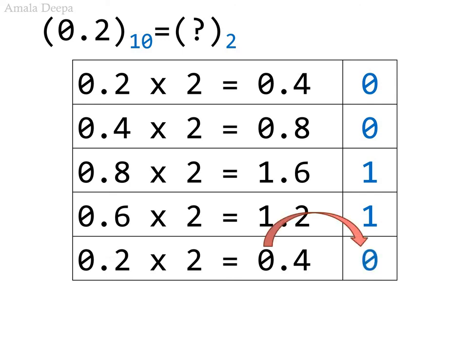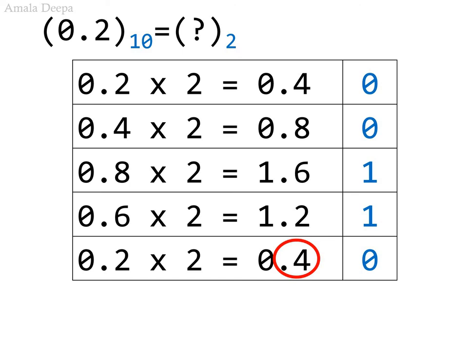Take the 0, keep it aside. Now look at the fractional part, 0.4. In the first row also you have 0.4. So you can understand that this multiplication is not going to stop because there is repetition.